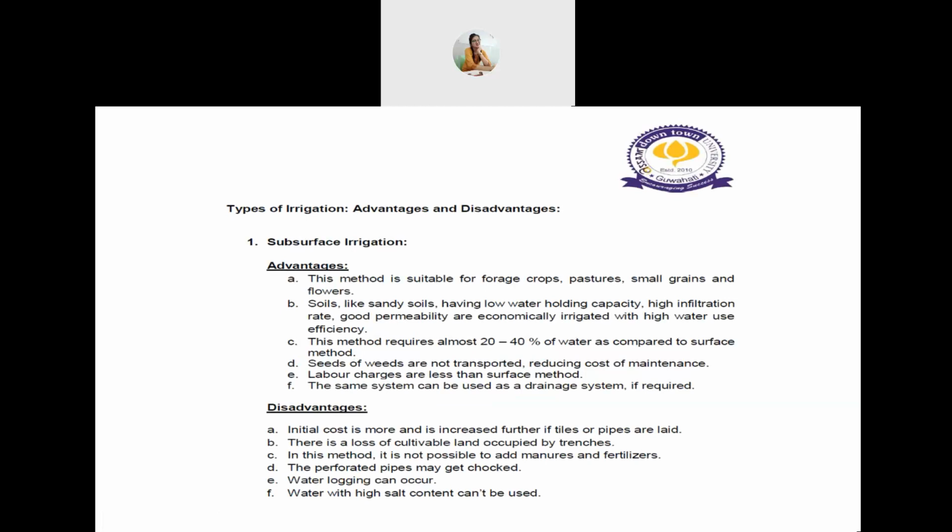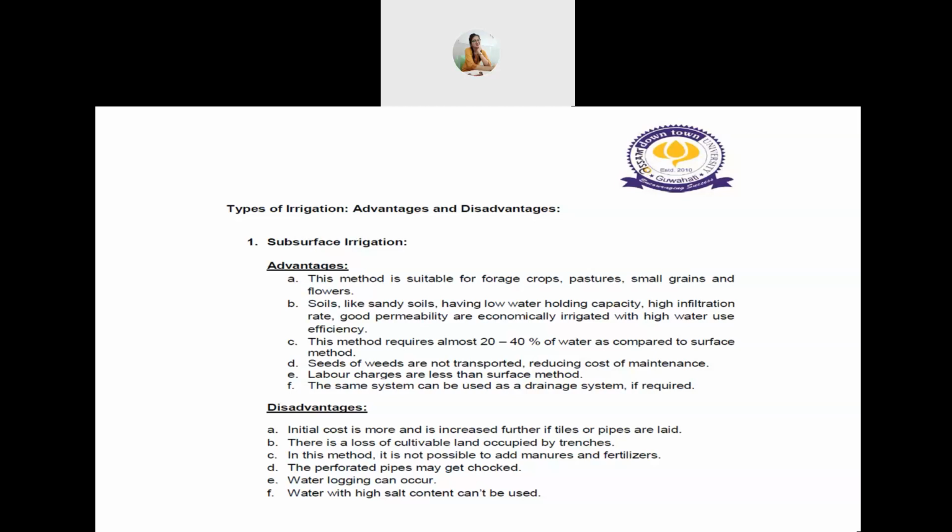Its advantages are: A. This method is suitable for forage crops, pasture, small grains, and flowers. B. Soils like sandy soils having low water holding capacity, high infiltration rate, good permeability are economically irrigated with high water use efficiency.